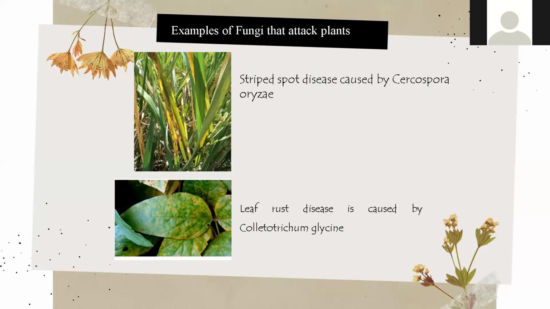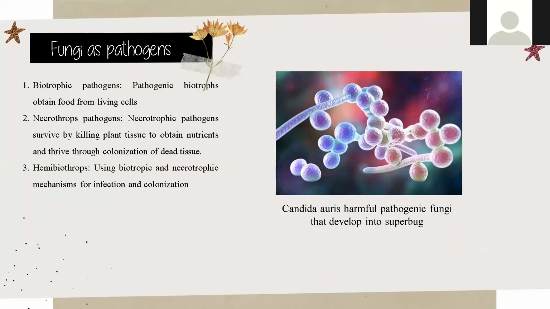Fungi as pathogens. First, biotrophic pathogens. Biotrophs obtain food from living cells. Second, necrotrophic pathogens survive by killing plant tissue to obtain nutrients and thrive through colonization of that tissue.